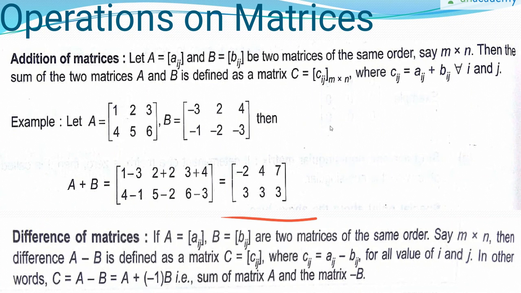If A equals Aij and B equals Bij are of the same order, then the difference A minus B is defined as C equals A minus B, or we can also write it as A plus of minus B.